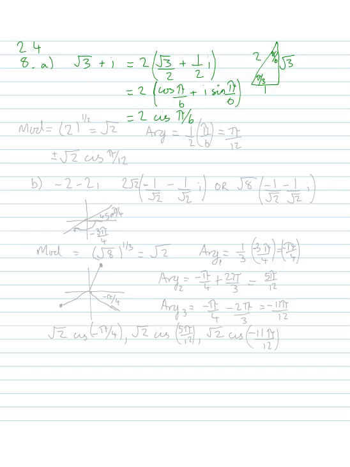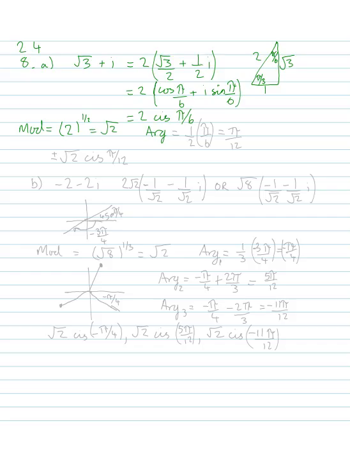Now, using De Moivre's theorem, finding square roots is really as simple as doing what we would normally do, take the power and apply it to the things. Because a square root is the power of a half, you take the modulus and you do it to the power of a half, and that is obviously just equal to root 2, and you take the argument and you halve it.